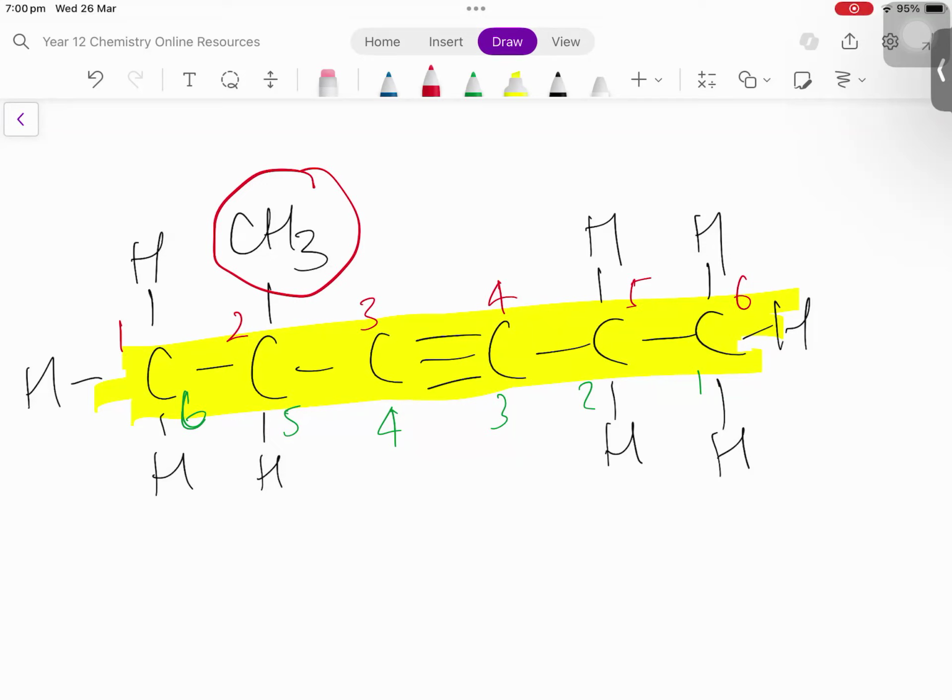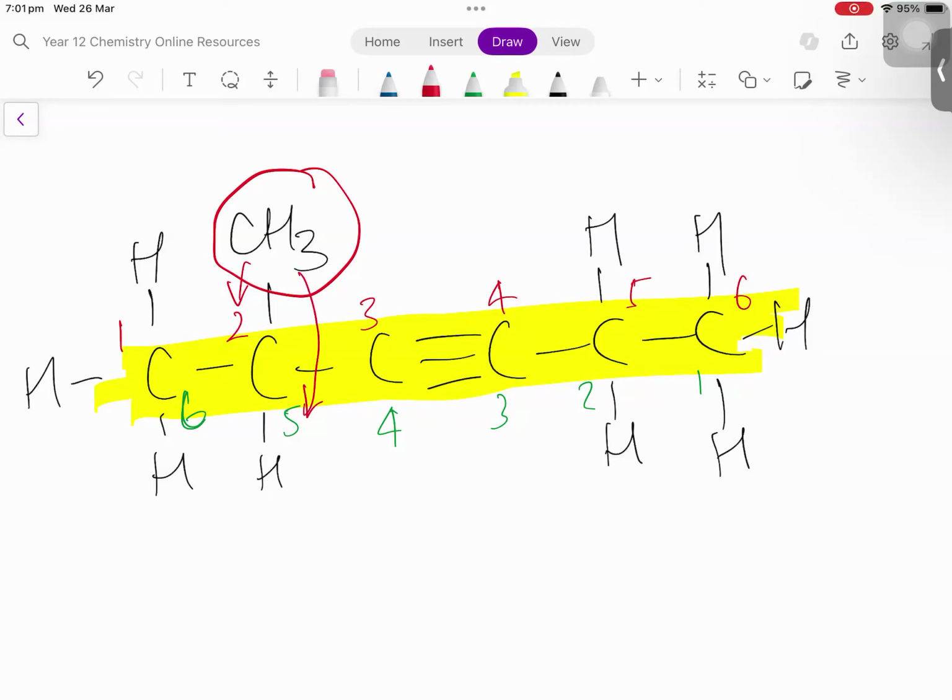Guys, if I go left to right in the red, what carbon is my CH3 bonded to? My CH3 is bonded to carbon number 2. If I number right to left, what carbon is the CH3 bonded to? It's bonded to carbon number 5.